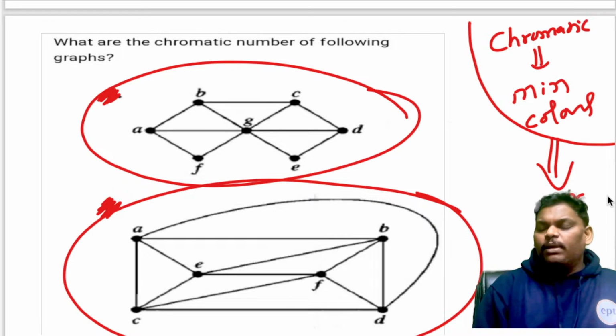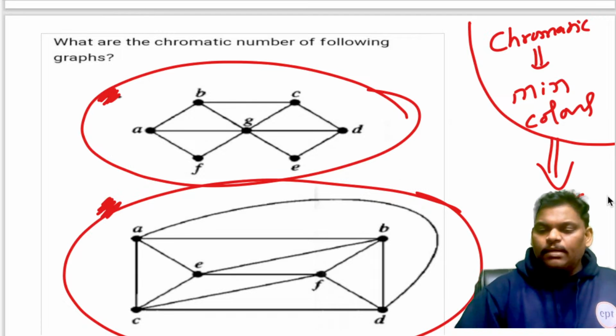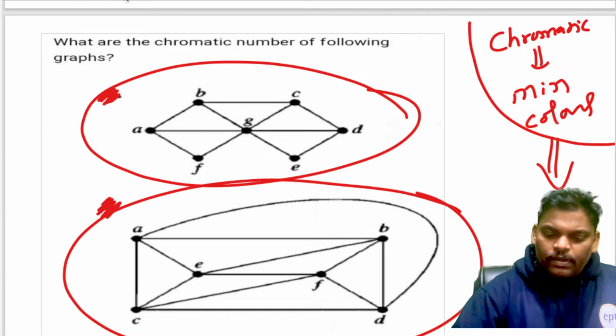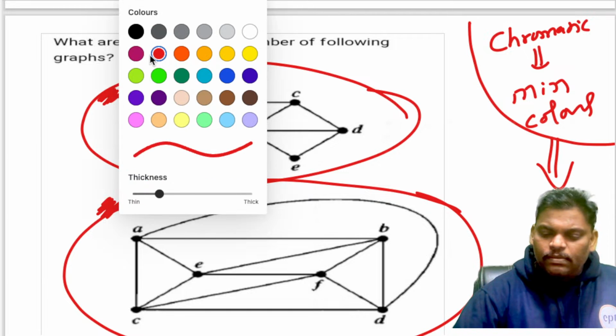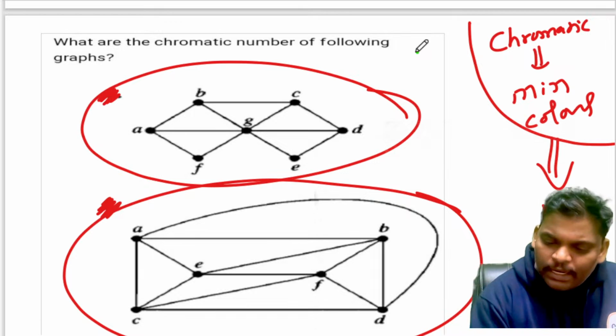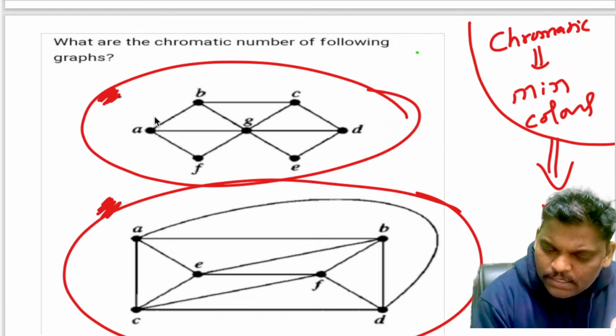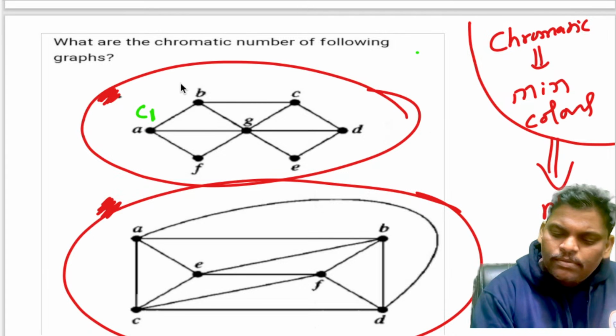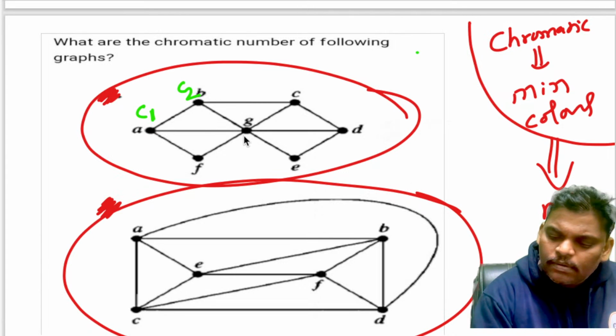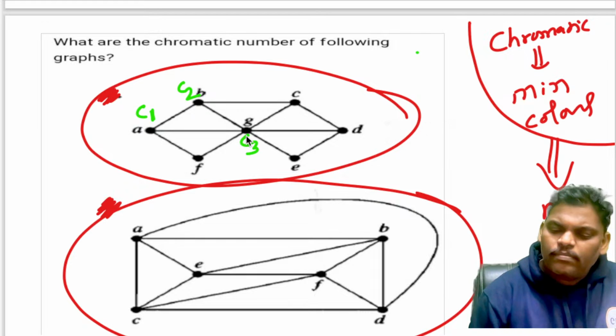So remember everyone, a triangle will take three colors. Let me try this one. C1 color here, C2 color here, C3 color here.